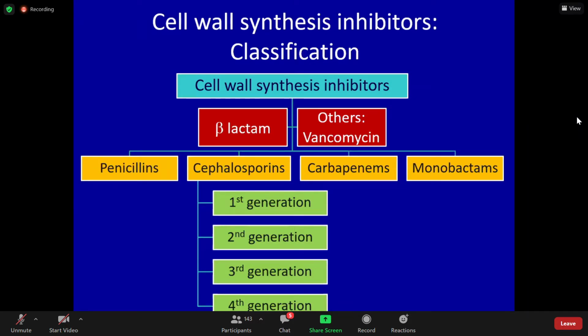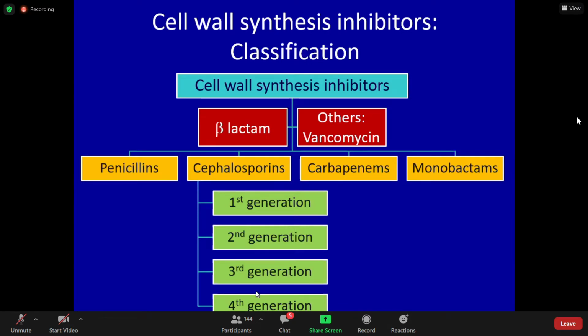Again, beta-lactam antibiotics are divided into four subclasses: penicillins, I'm sure you all know about penicillins, cephalosporins, carbapenems, and monobactams. Based on the antimicrobial activity, cephalosporins are once again subclassified into first, second, third, and fourth generation, mainly.